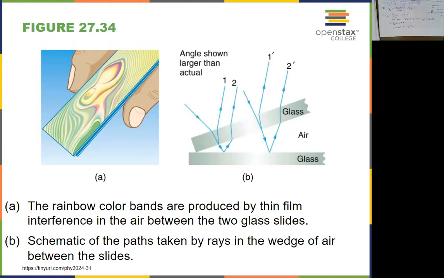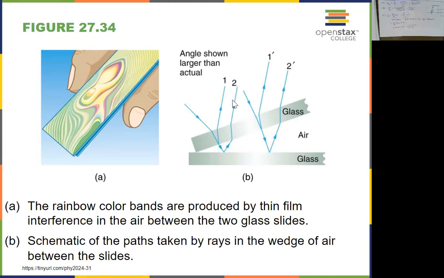Sometimes you also see two very clean glass slides with a small gap in between, say if you put a piece of paper between the two slides on one end. If you zoom in, light incident on the first glass slide gets refracted and hits this surface, giving refracted ray 1, and part of it enters this air gap, hits this surface, and becomes ray 2.